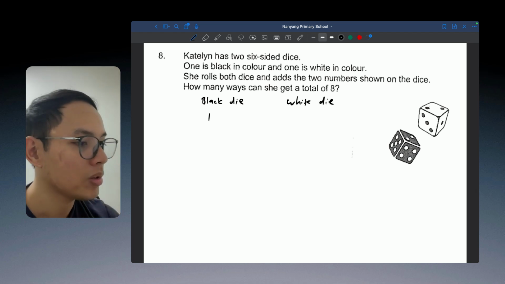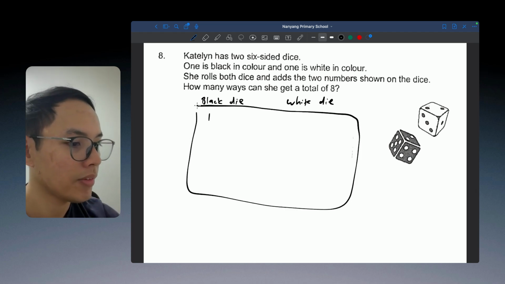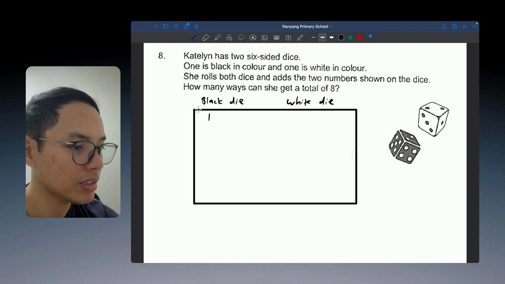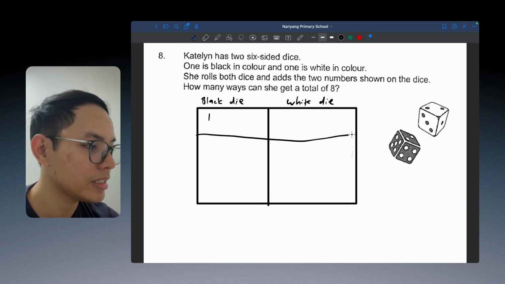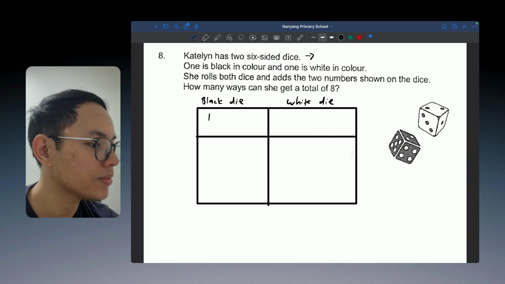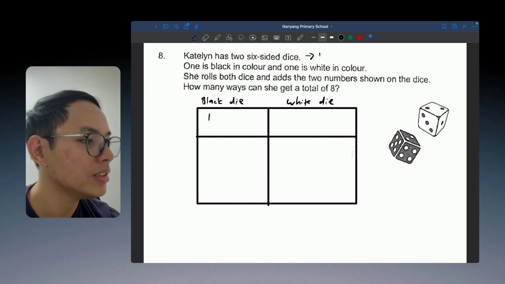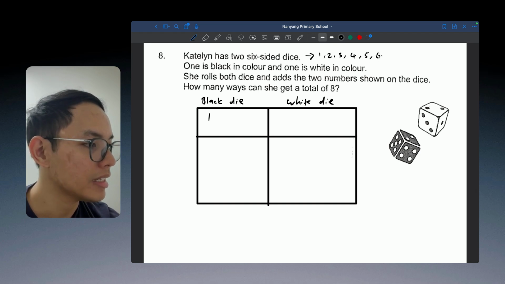One way, if you want to put it into a table, is to draw a nice rectangle over here. So you have the white die and the black die, and it's a six-sided die, so you can get 1, 2, 3, 4, 5, and 6.